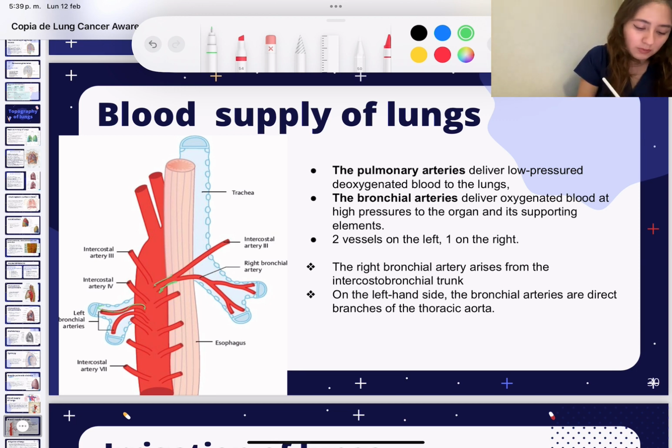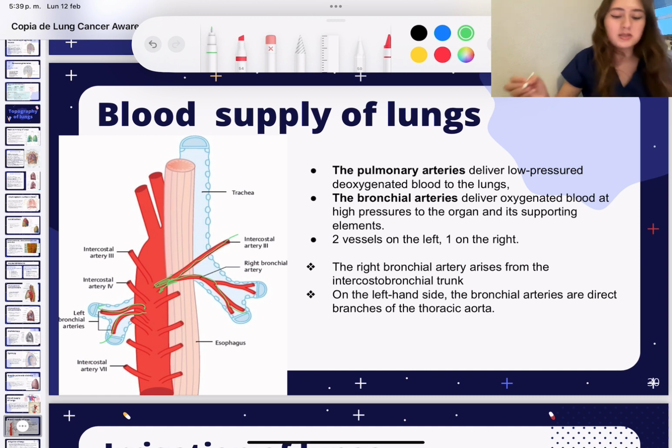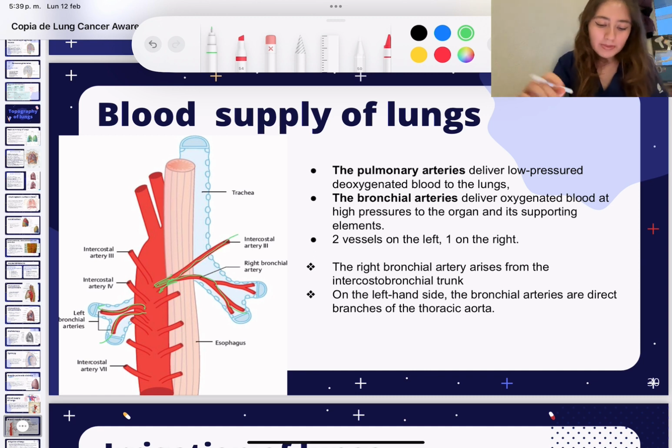This is one that divides into the right bronchial artery and also the intercostal artery. The right bronchial artery arises from the intercostobronchial trunk.